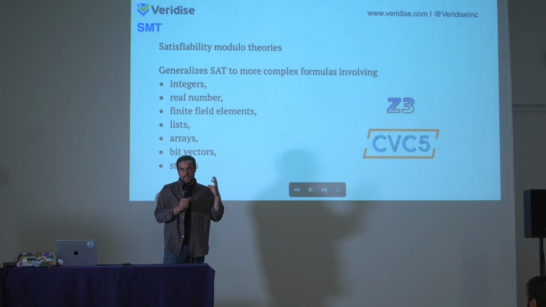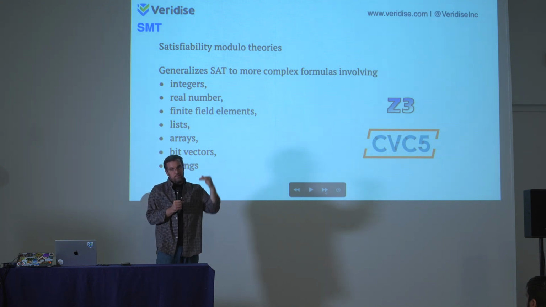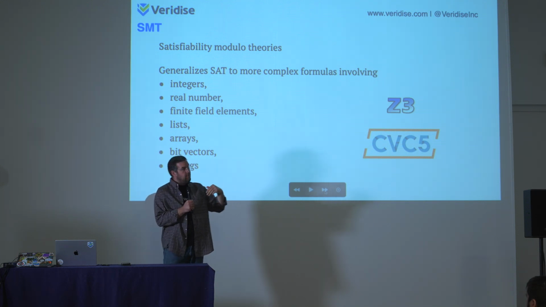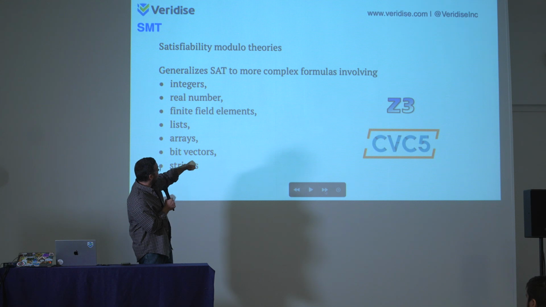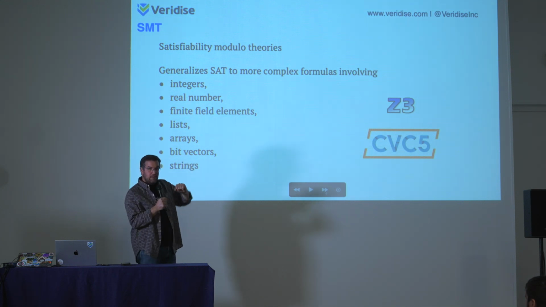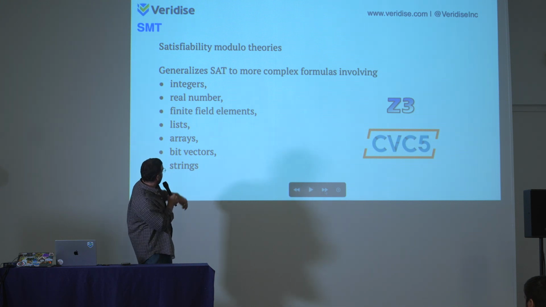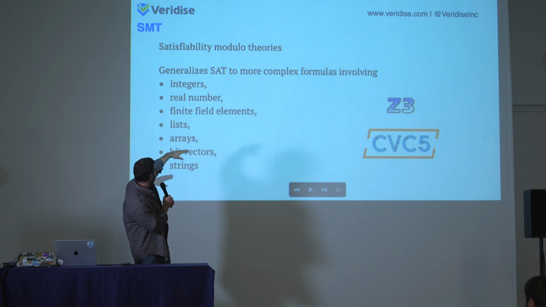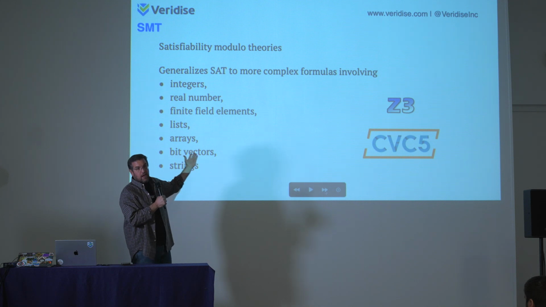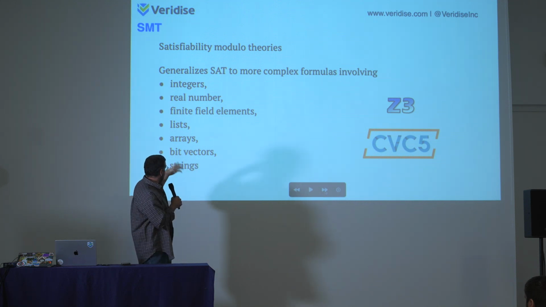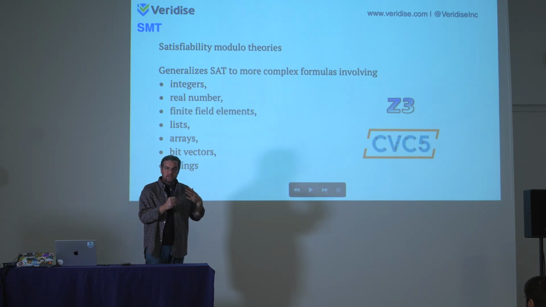SMT stands for satisfiability modulo theories. So it is just like a SAT solver, but on top of the SAT solver, you have some additional theory. Your formulas might involve objects coming from a different domain than just logic and truth variables. They could, for instance, have integers, they could have real numbers, they could have elements from a finite field, or lists, or strings, and bit vectors, and so on.